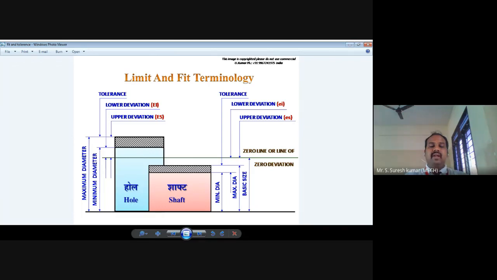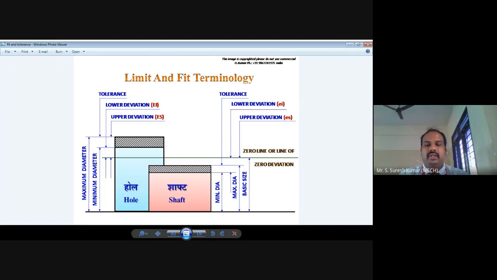Grade 7 is a manufacturing process that can produce high quality turning, broaching and boring. Grade 6 is the manufacturing process of grinding or fine honing. Grade 5 is the manufacturing process of machine lapping, diamond or fine boring, fine grinding. So these are the applications of tolerance and fits.